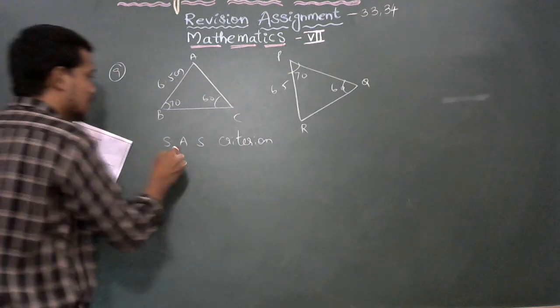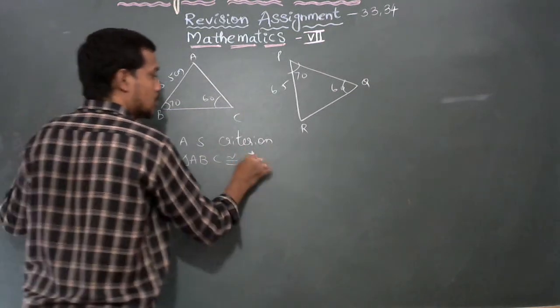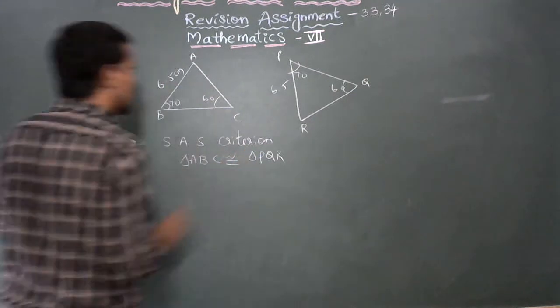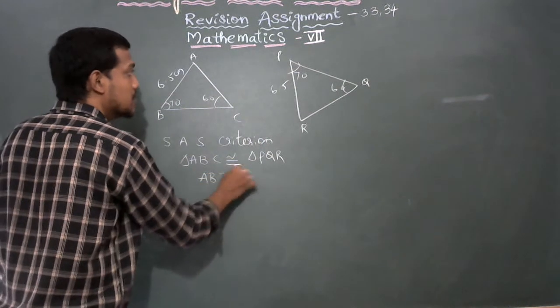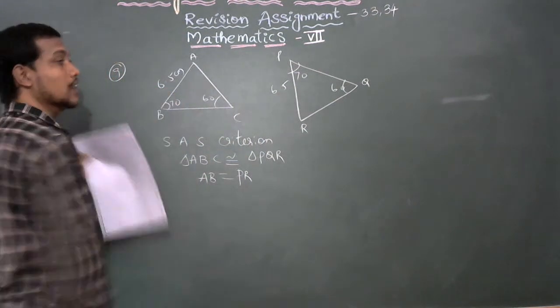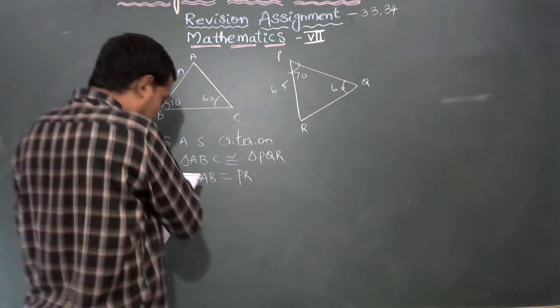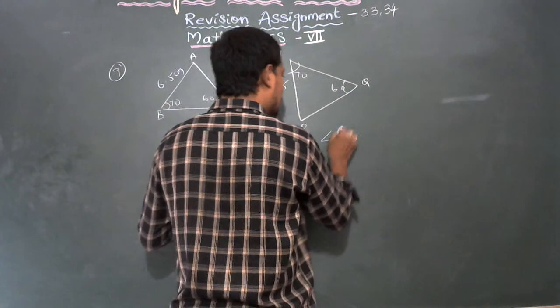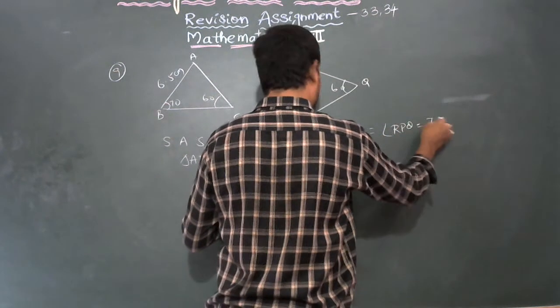So this one. So triangle ABC is congruent to triangle PQR. So here AB side is equal to PR side. Why? These two have the same measurement, that is 6.5. Okay. So angle ABC is equal to angle RPQ is equal to 70.